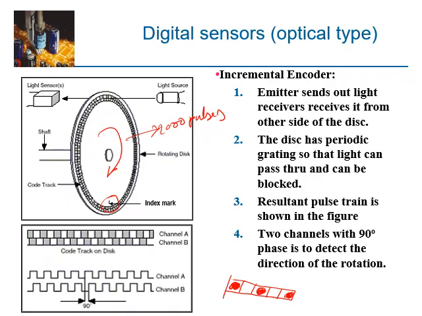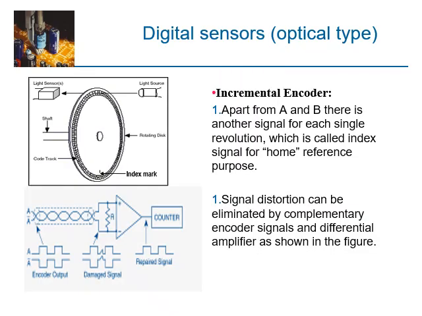So we have understood the three channels: channel A, channel B, and channel C, the index channel. But when you want to use it as an electronic signal, sometimes you can get some noise involved. Usually these types of signals are meant to be TTL logic, transistor logic, which means it is 0 to 5 volt.